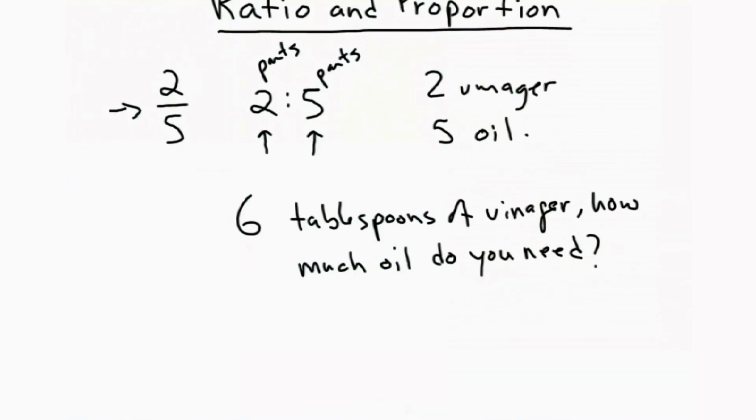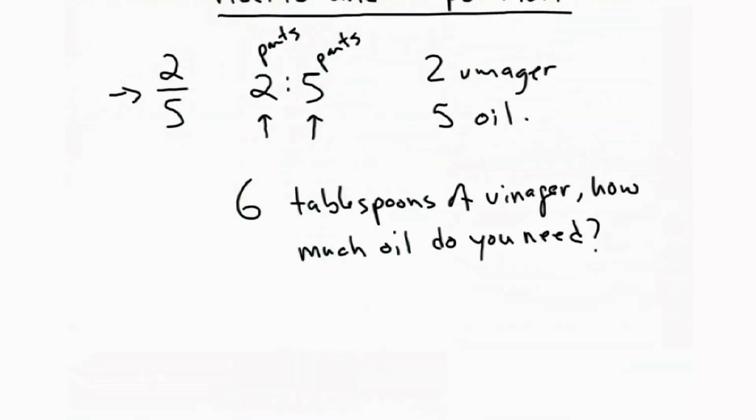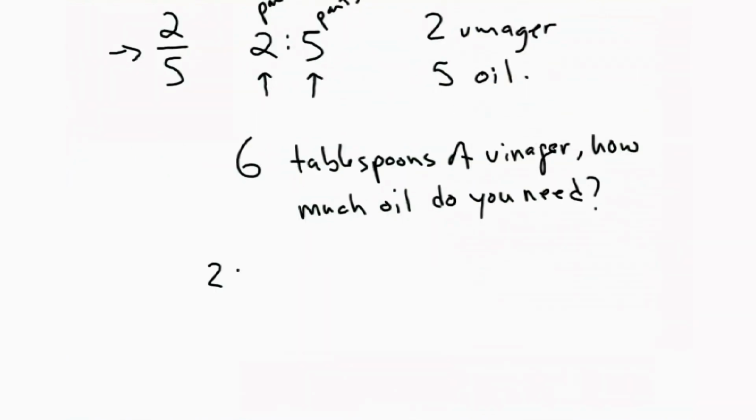And so we can set it up like this. We know that it's 2 to 5, and it's 2 parts vinegar to 5 parts oil. So this side of the ratio, or the proportion, is the vinegar. And now we need 6 tablespoons, and so how much oil then do we need if we need 6 tablespoons of vinegar?